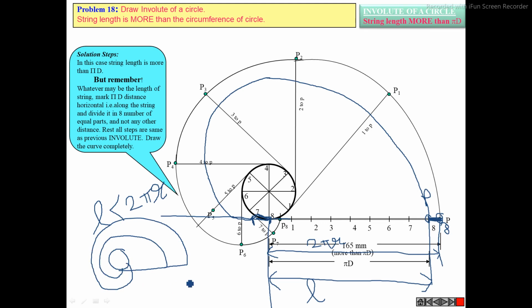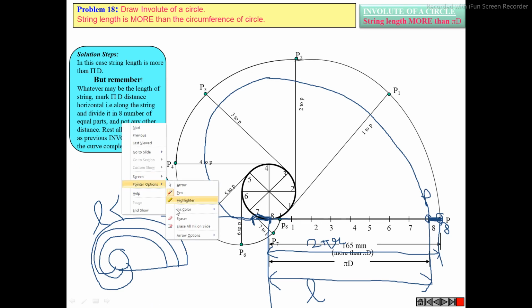For the third case, this is the diagram of involute. Are you finding the difference? Yes, sir. Others, please respond. Is it clear? Yes, sir. Okay.